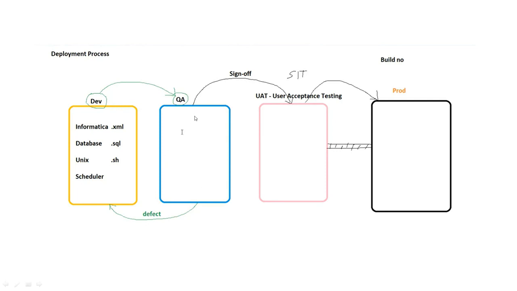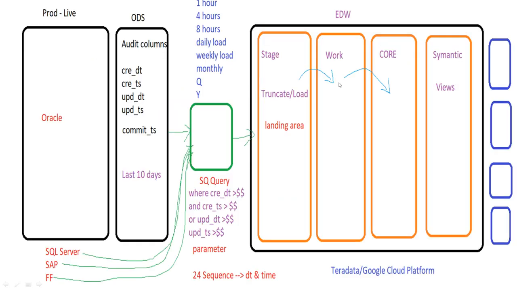When the data is correct, we go for sign off. Then it goes to the UAT, which means user acceptance testing. From this environment, we send the data into the production environment with the build numbers. Here we have the live environment in production. The data is in the production environment.